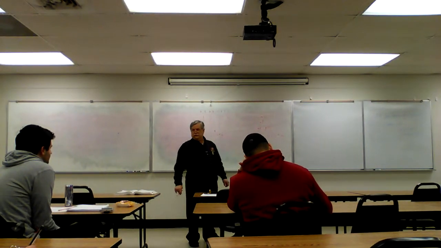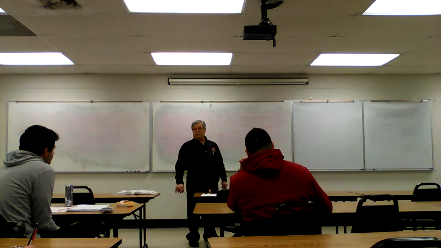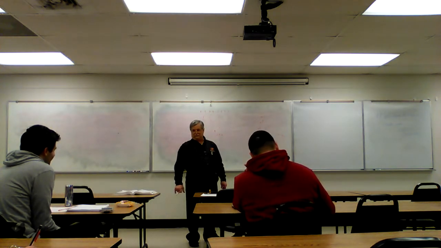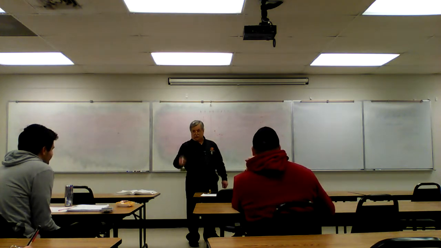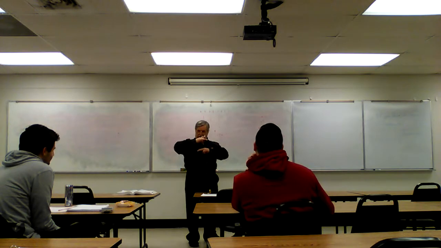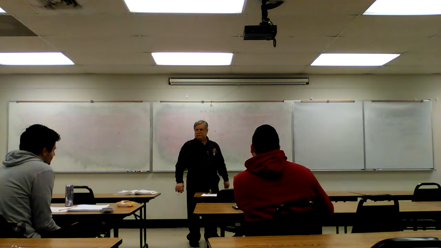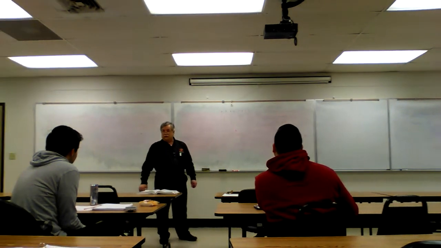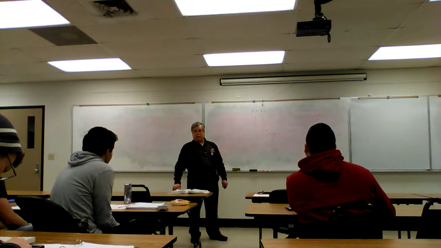How did they ever get that number? Millikan oil drop experiment. Like an oil drop, a mist of oil with little tiny drops in between charged plates. No, that's one electron.